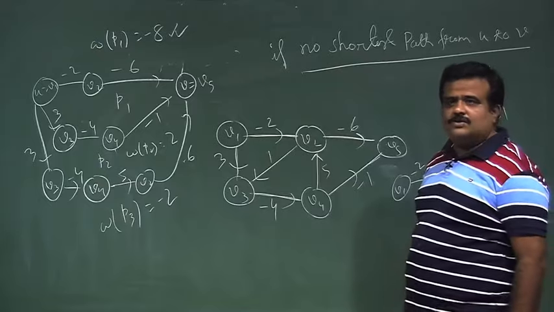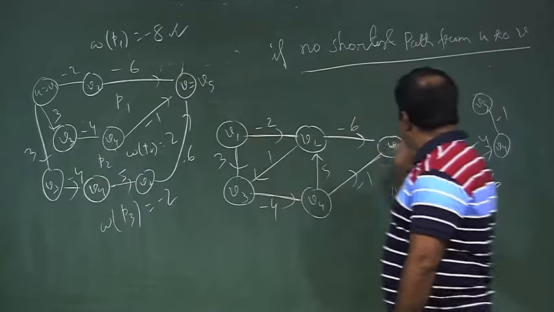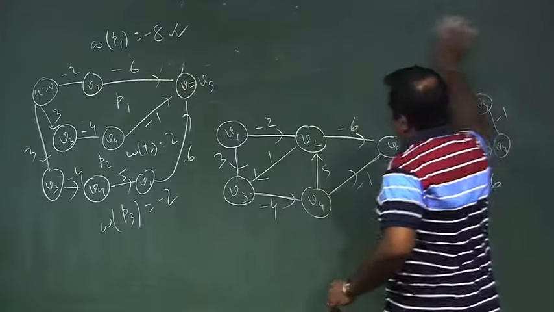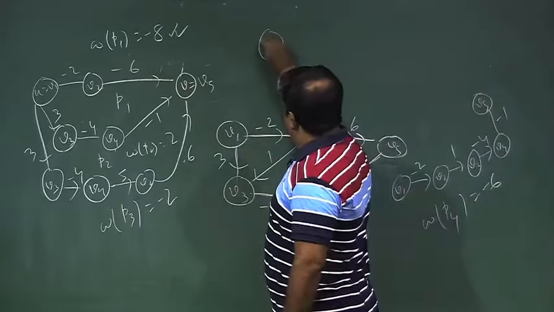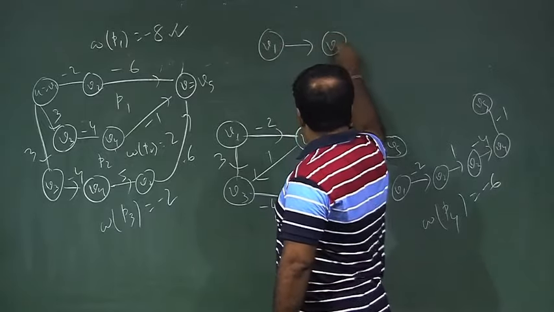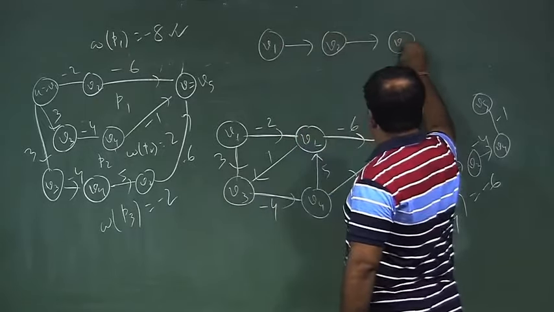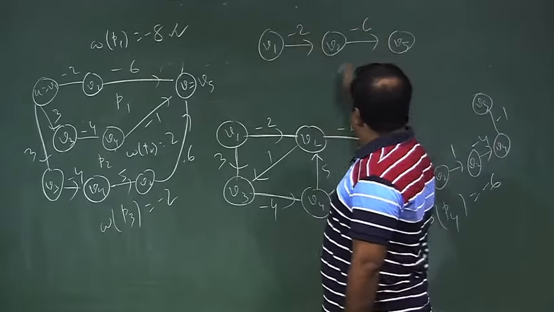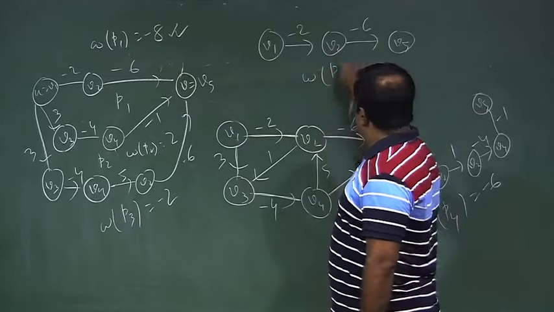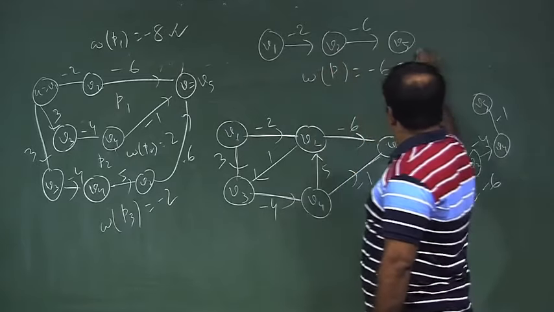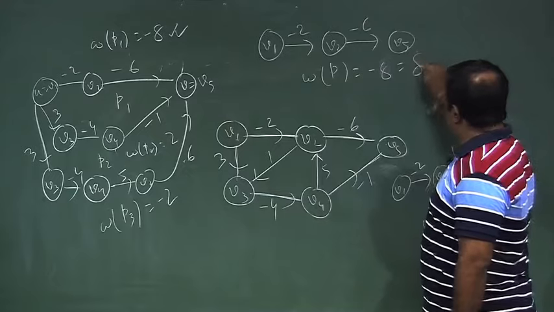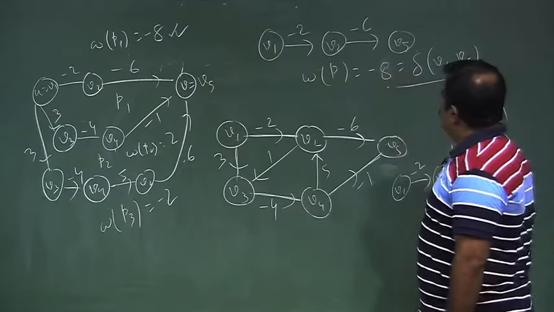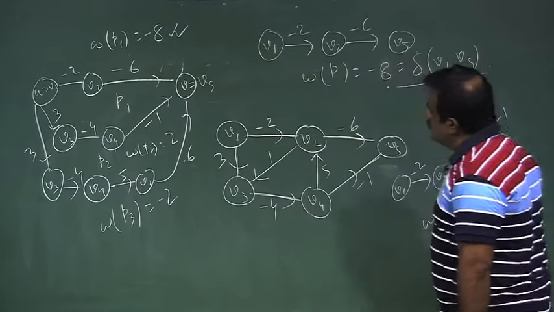So that is the shortest path from V1 to V5, which is basically V1 to V2, and then V2 to V5, and weight of this path is -8. And this is delta of V1 to V5.